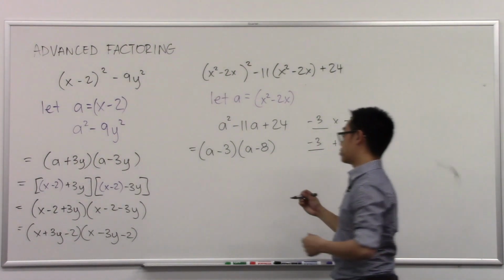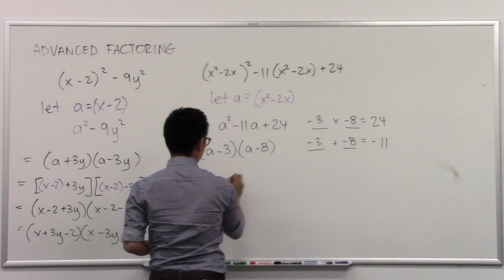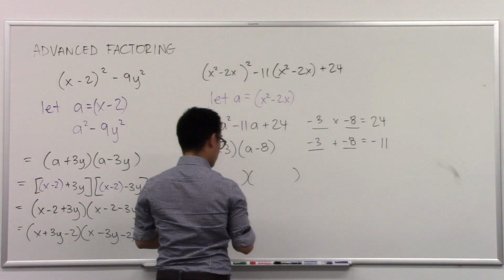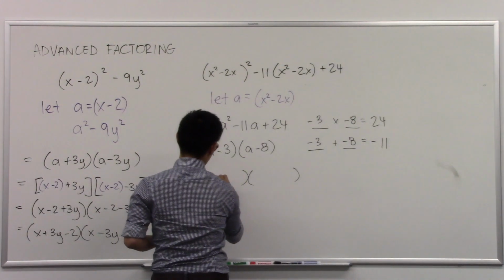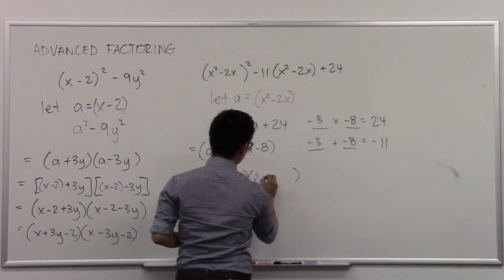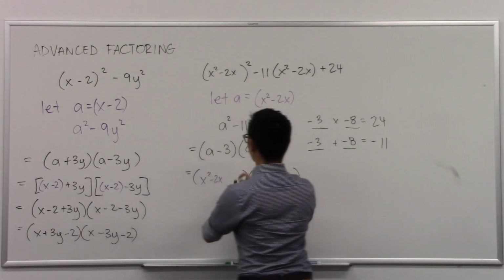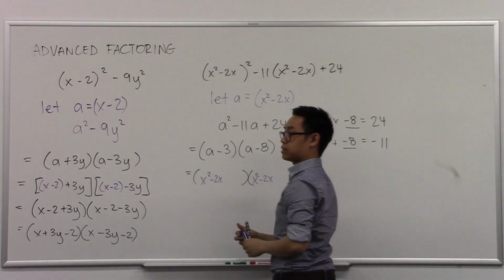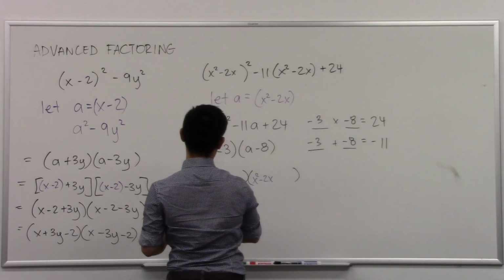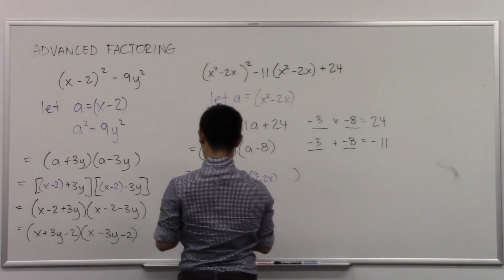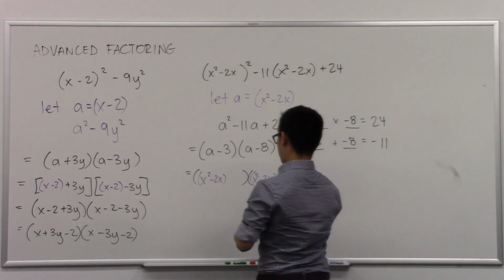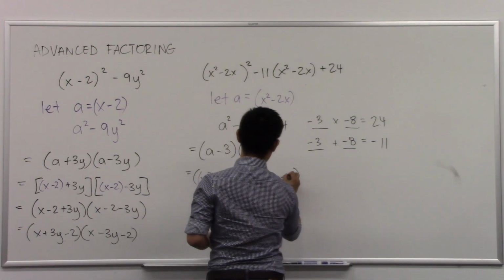But I can back substitute. I can't have a's in my final answer. I'm going to back substitute right away and put x squared minus 2x here and x squared minus 2x. Because they're 1s in front of the bracket, I don't so much need the circle bracket, but I'll put it in anyway. And then I get minus 3 and minus 8.